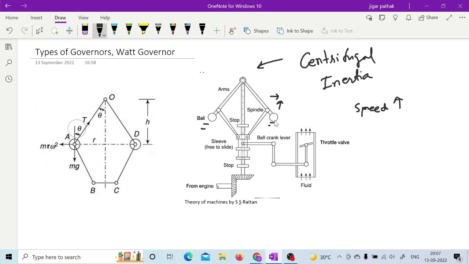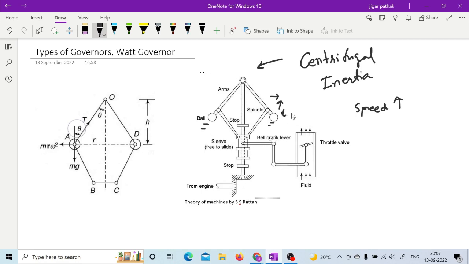So when these fly balls move upwards and outwards, this sleeve is going to have upward motion, and while the sleeve moves in the upward direction, this throttle valve on the fuel supply system tends to reduce the supply of fuel because the speed of engine has increased. So that is how the fuel supply will be reduced in order to again come back to the normal position, right?